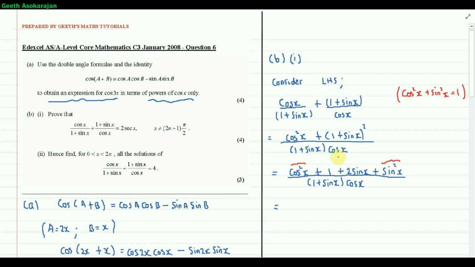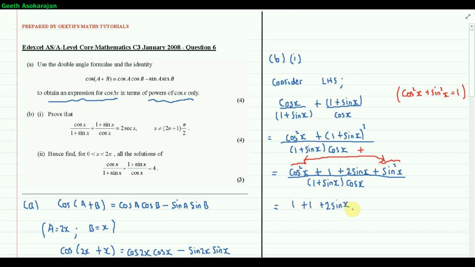So remember, cos squared plus sine squared is equal to 1. With that being said, if I go back to my favourite colour, cos squared plus sine squared, let's replace by 1. Plus this one from here, so plus 1. Not forgetting the 2 sine x from here, divided by the term in the denominator. So let me be as neat as I can.